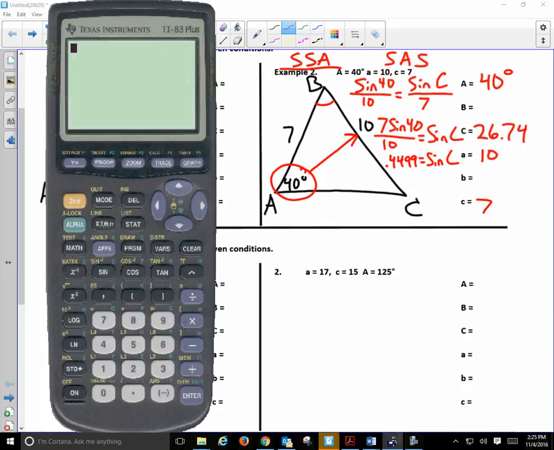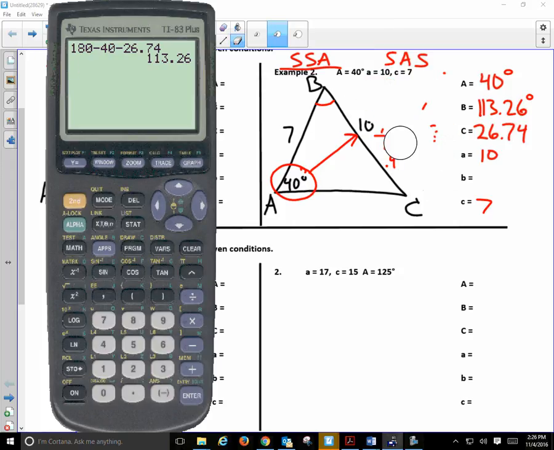Can I find angle B now? How? 180 minus 40. I get 113.26. Can I now find side B? Yep, I'm going to just use the law of sines.